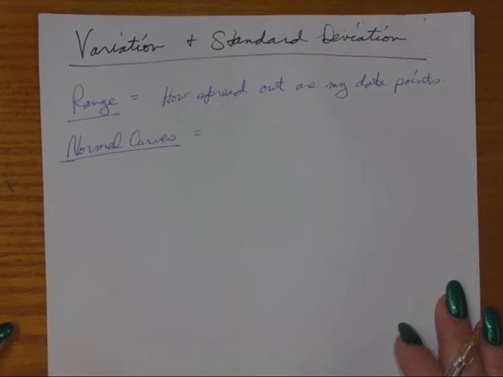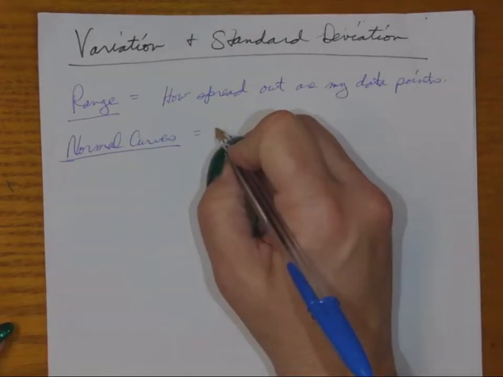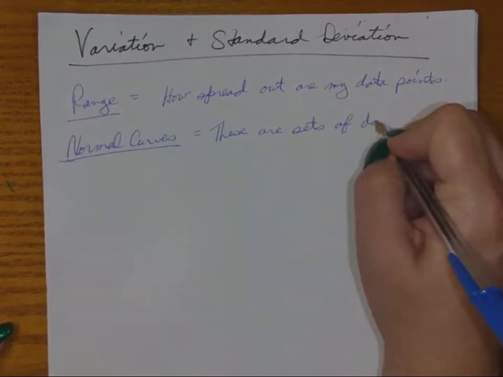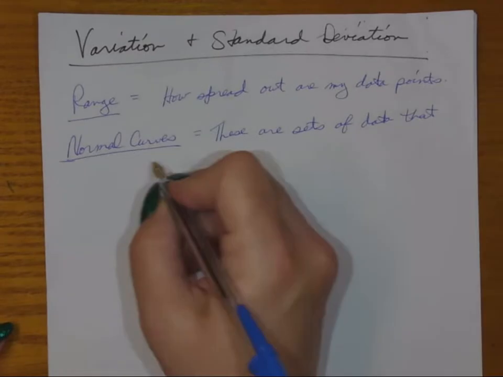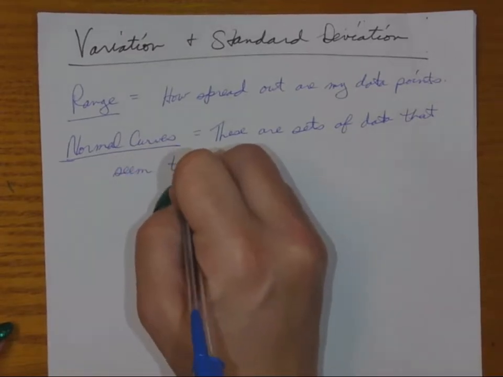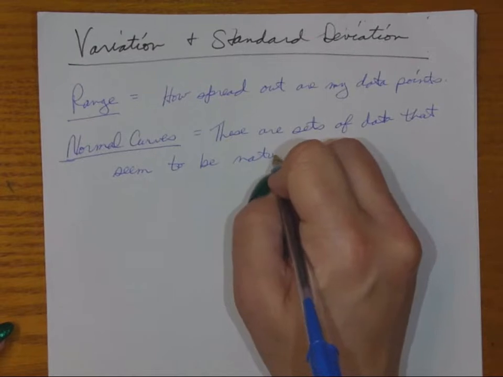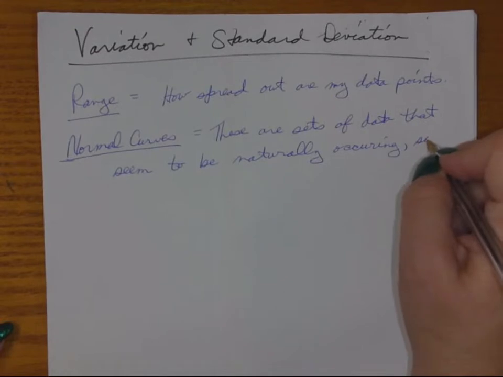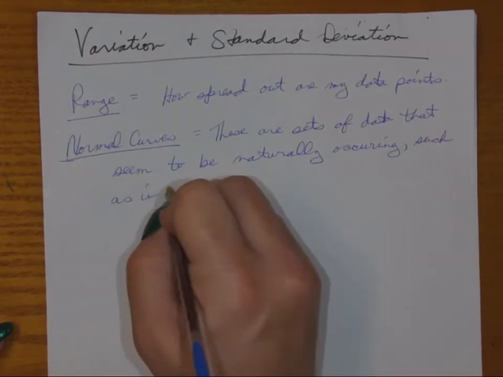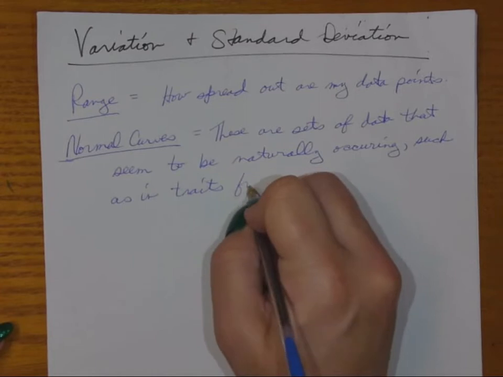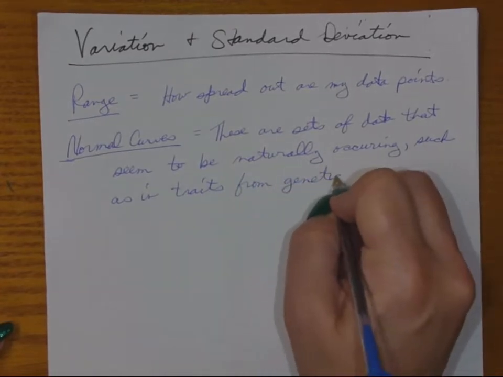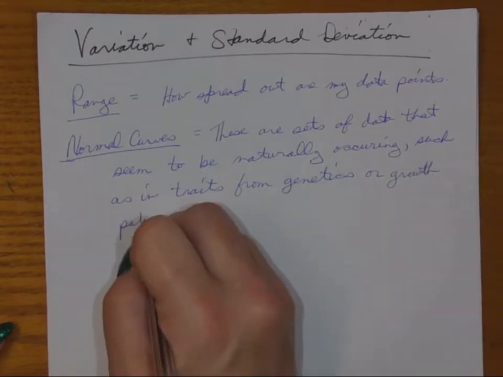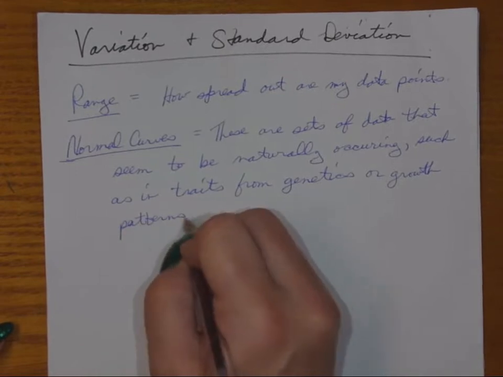So in a normal curve, these are sets of data that seem to be naturally occurring, such as in traits from genetics, or growth patterns. Okay, so this is normal. That's why we call it normal.